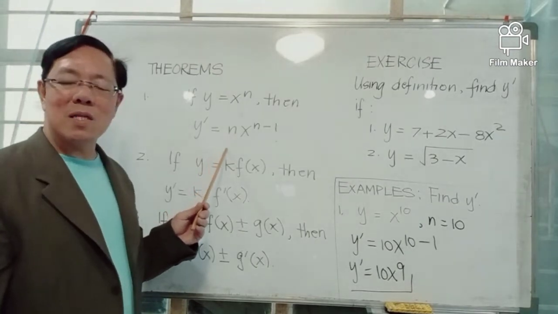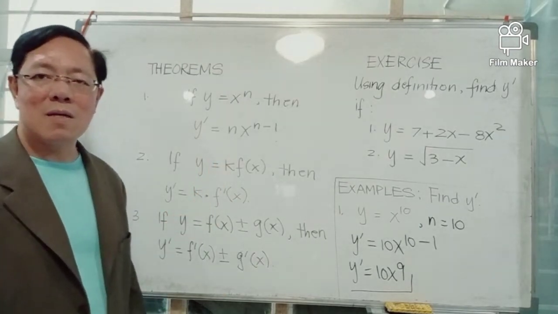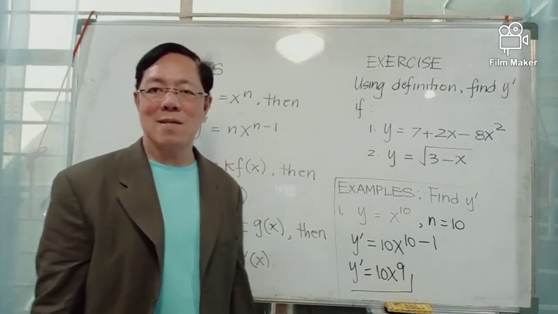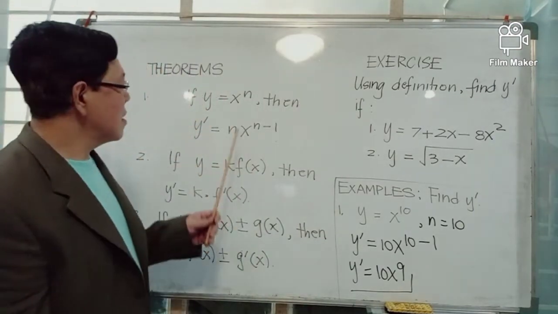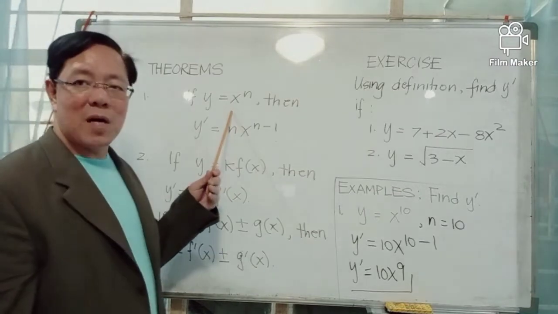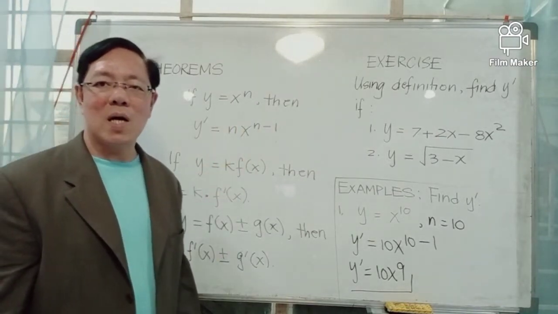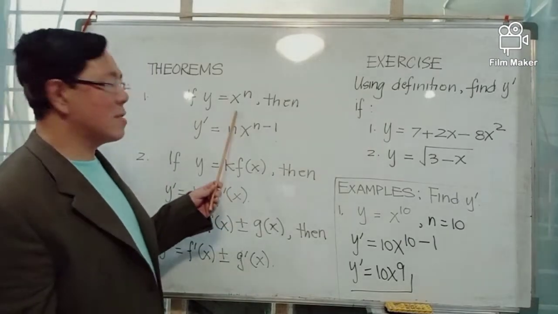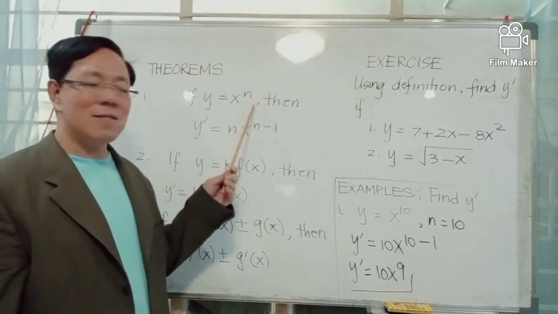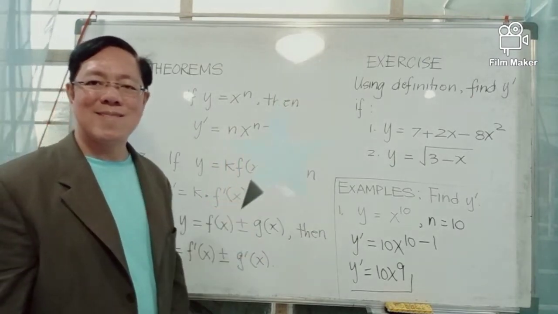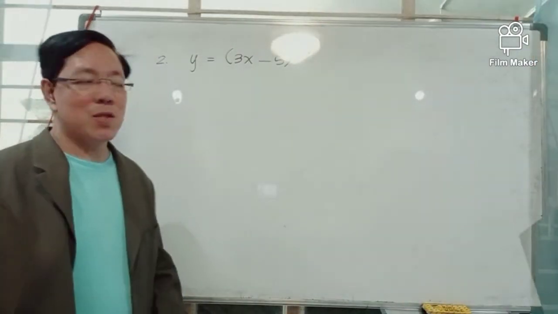This theorem 1 can be proven using the definition of derivative, that is, by using limits, where the function f of x is x to the power n. You can try to prove that the derivative of x to the n is n times x to the n minus 1. Consider number 2.